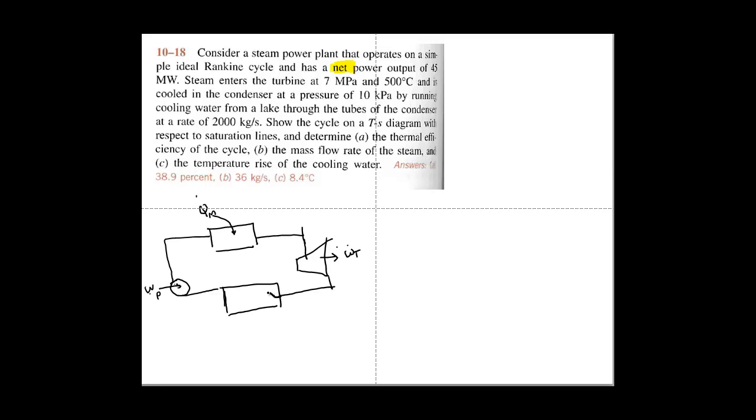And in the condenser, we are just doing a small cartoon of what is going on inside. We have in black the steam tubes, and in blue we have the cooling water tubes, and this is where we know that we have 2000 kilograms per second of water.